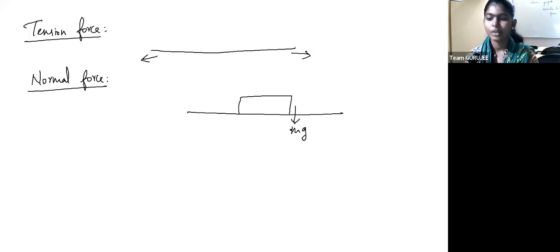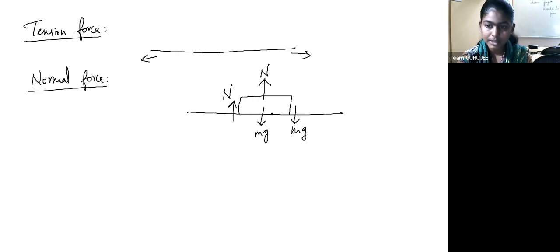To make it stable there, against such a pull applied by gravitation, another force will be applied on this, upward by this table or pavement. That you call normal, and most of the time it is mentioned like this, opposite to your mg.